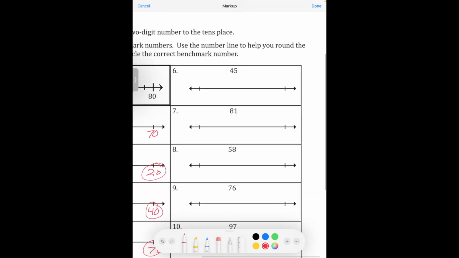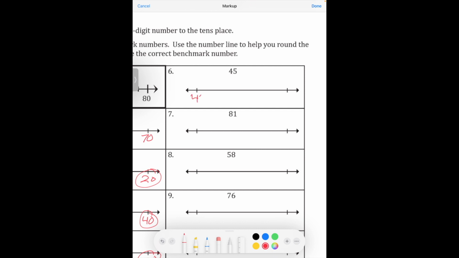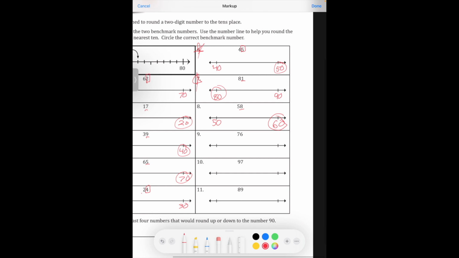Okay, number 6. 40 or 50, 5 and above, give it a shove. Number 7, either 80 or 90, 4 or less, give it a rest. Number 8, 50 or 60. Well, 5 and above, give it a shove.